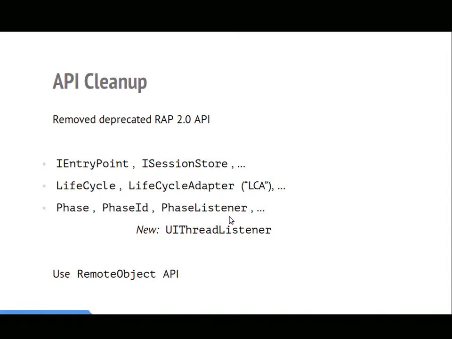It's like a request comes in and it goes through certain states of processing, and these states have been called phases internally, and the whole request processing is called the life cycle internally. Not sure if that's a good word, that's for historic reasons. And all these things have been thrown out. They exist internally somewhere, but the API has been removed, and so you do not have to deal with these things.